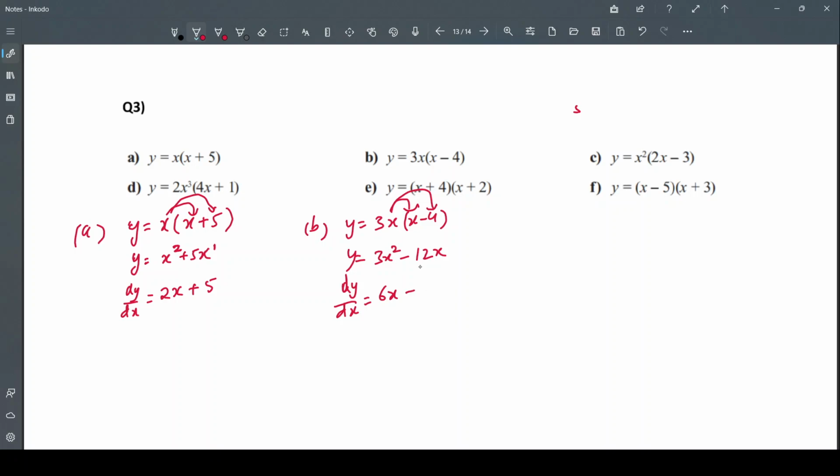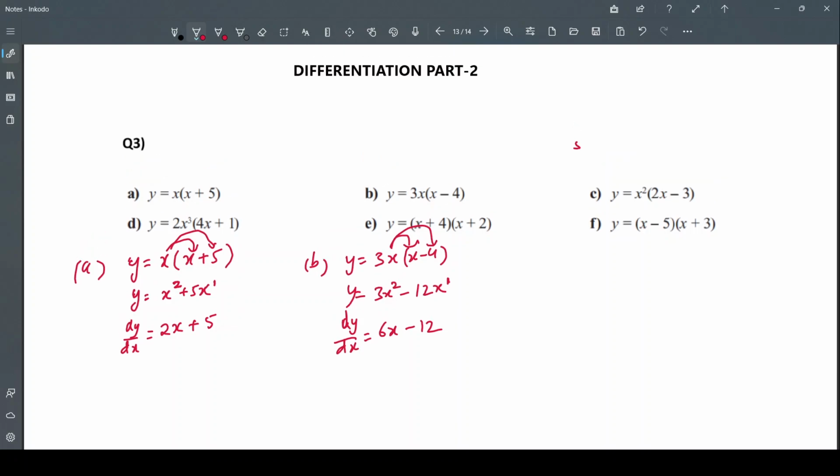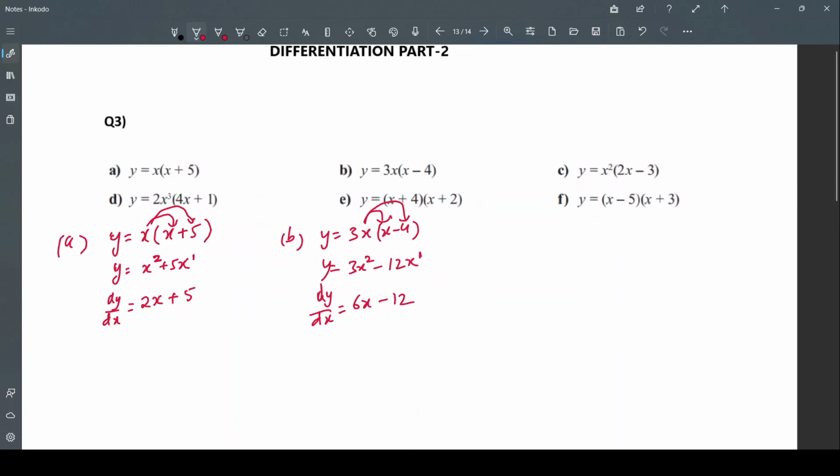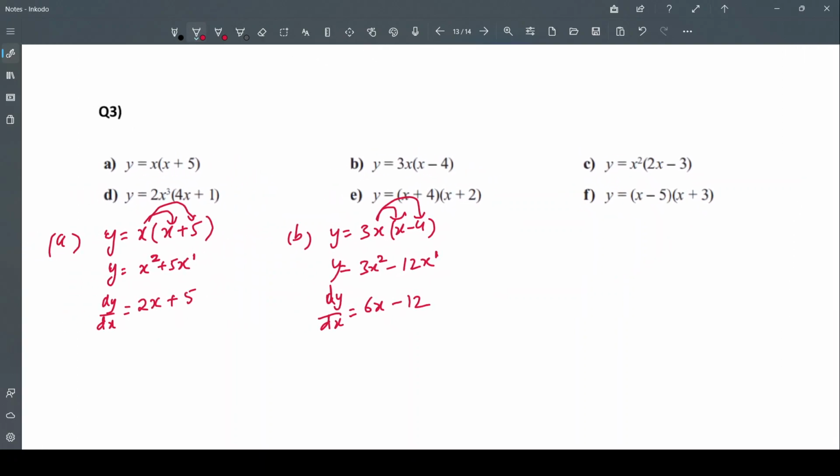And here I told you the differentiation of 12x will be 12, because the power is 1, so when it is multiplied with 12 it will be 12 itself, and 1 minus 1 will be 0. If you don't understand this, you have to watch my video part 1. I have explained the power rule there, so go and watch, you will get to know about the power rule.